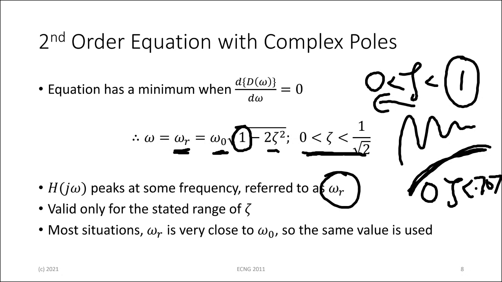When you plot it on a log graph, it's very difficult to distinguish between, let's say, an omega 0 of 100 and an omega r that turns out to be 105 or 96. There's no way on a log plot you're going to distinguish a 95 or a 105. So it's understood that omega r is approximately equal to omega 0. Straight off from the equation, you could find that out without doing this.